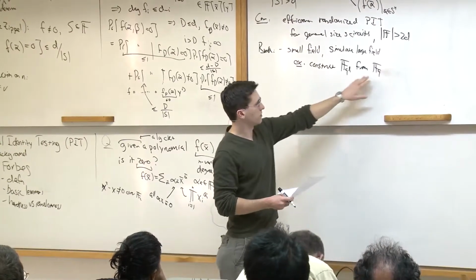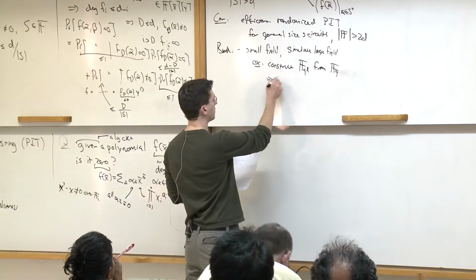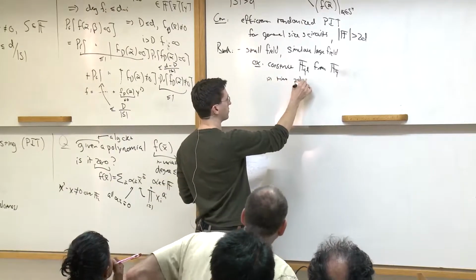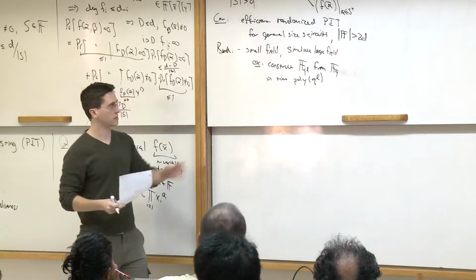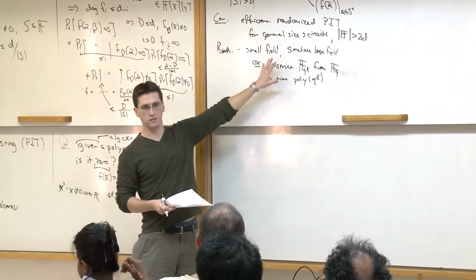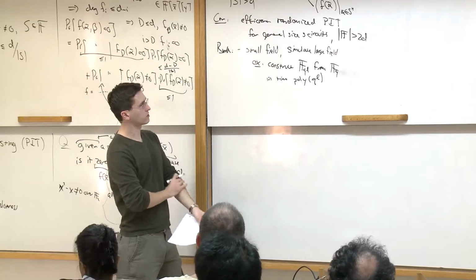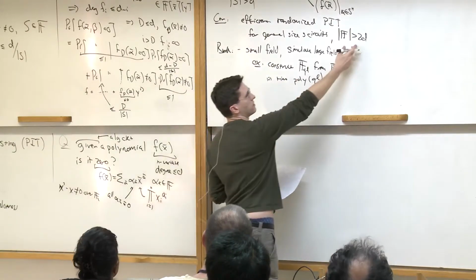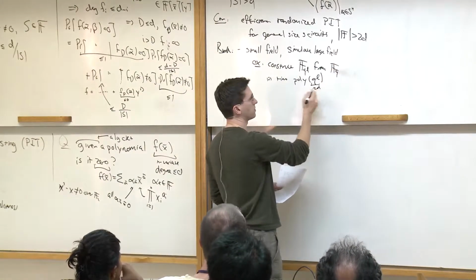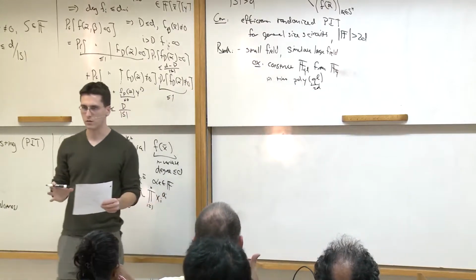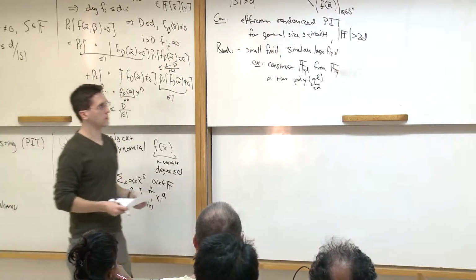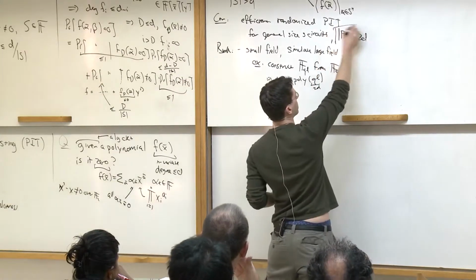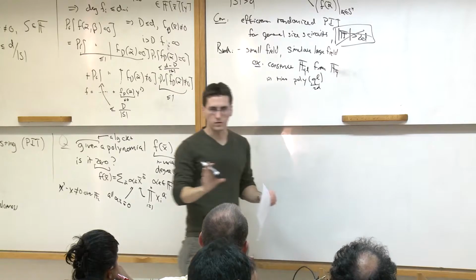You can construct this larger field from the smaller field in time polynomial in q to the L. There are much more efficient algorithms out there, but if you do some basic field theory, this is not too hard to show. And the point is that q to the L only needs to be about 2D, so this is a polynomial time construction. So basically you get your extension field, you run Schwartz-Zippel, and we really don't need this restriction. We can just simulate the large field and we're done.